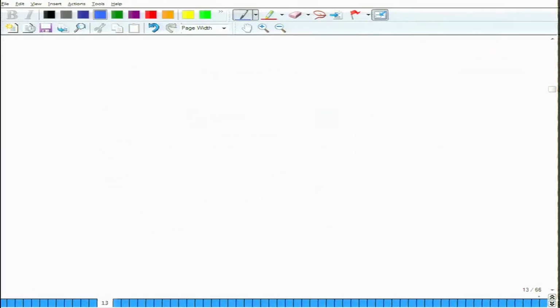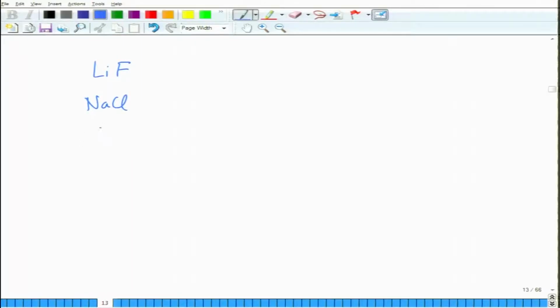Now, let me come to some energies. Let me compare some compounds: lithium fluoride, where lithium is on the left of the periodic table and fluorine on the right, then sodium chloride, then magnesium oxide, then calcium fluoride, and then Al2O3.